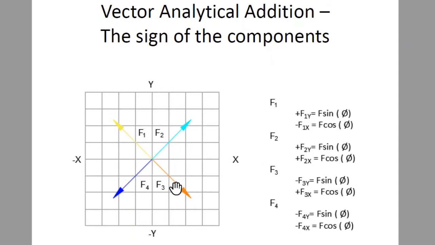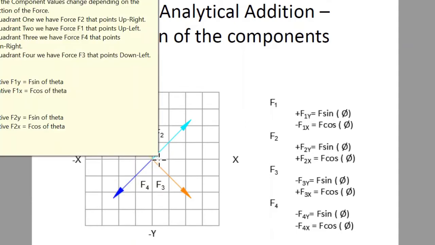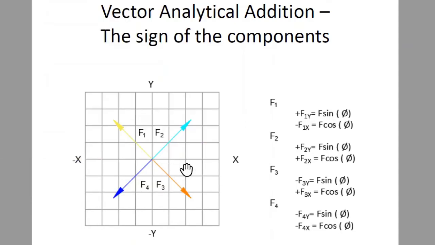Looking at force number 3 in the fourth quadrant, if we start here at 0 and move downward on the number line, we're going to have a negative Fy. If we move to the right, we will see an Fx that is positive. And we can find these by F3y is equal to F sine of theta, and F3x is equal to F cosine of theta.